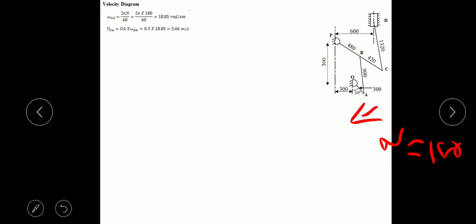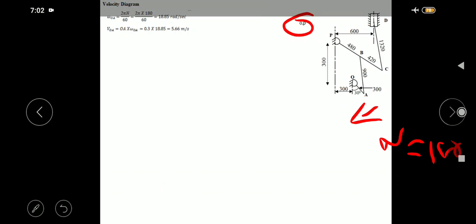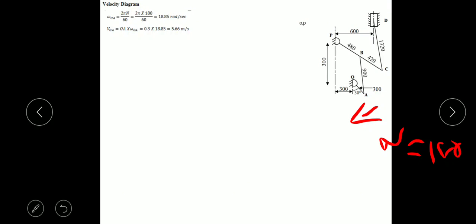That's not an important thing. So I will take the points O, P as zero velocity. You can see that I have taken OP as zero velocity, and from that I need to mark the velocity of OA in this direction. The velocity length will be 5.66, which is already known to us.